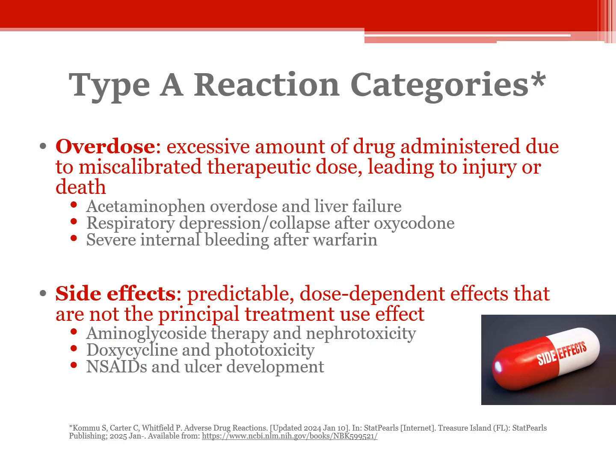And then non-steroidal anti-inflammatory drugs. Again, they're great pain relievers, but one of the side effects of using them heavily, and even using them at the prescribed dosage for many, many years, is the development of peptic and other types of ulcers. So again, these are side effects, another category of type A reaction.